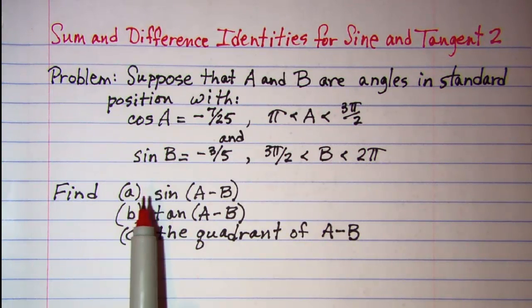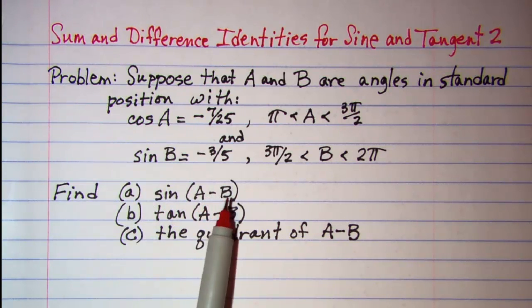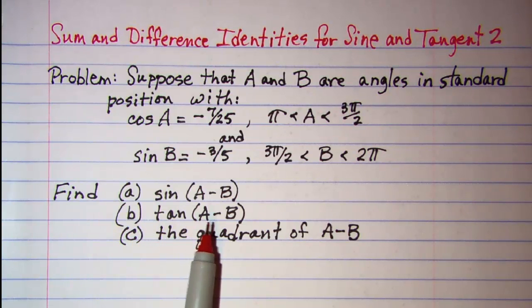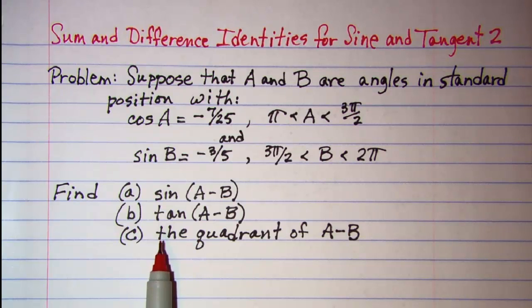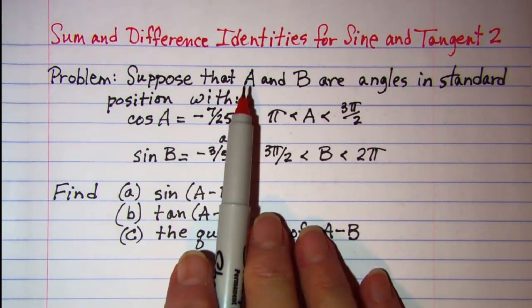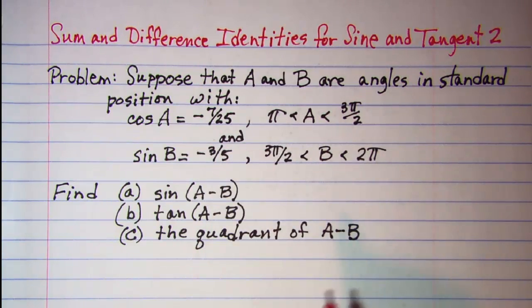We're asked to find first the sine of the difference, A minus B. Then we're asked to find the tangent of the difference, A minus B. And then to find what quadrant that A minus B is in. So let's first make a diagram with this given information.